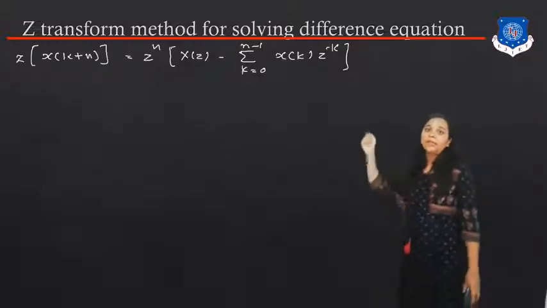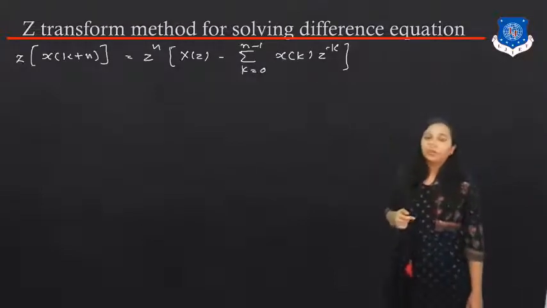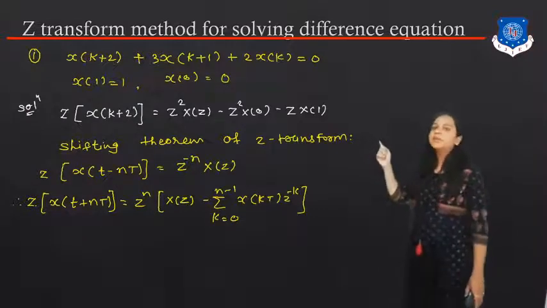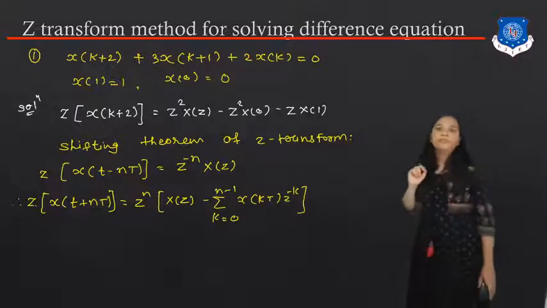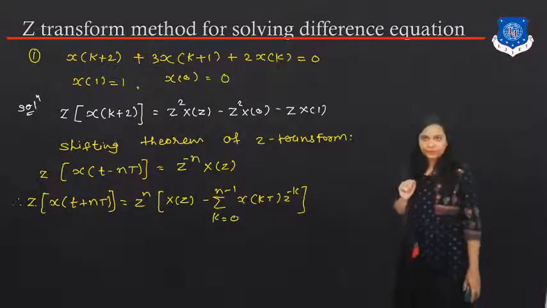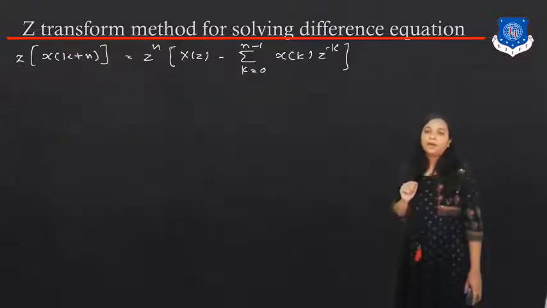So simply we can put the sampling time T equal to 1, and we can get x(t + n). Why can we put T equal to 1 second? Because in our question the difference equation is given in this form: x(k+2) + 3x(k+1), so we can put T equal to 1. Okay.